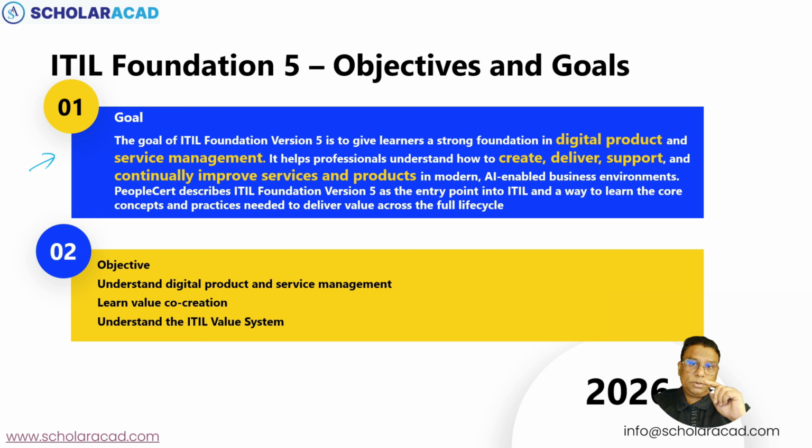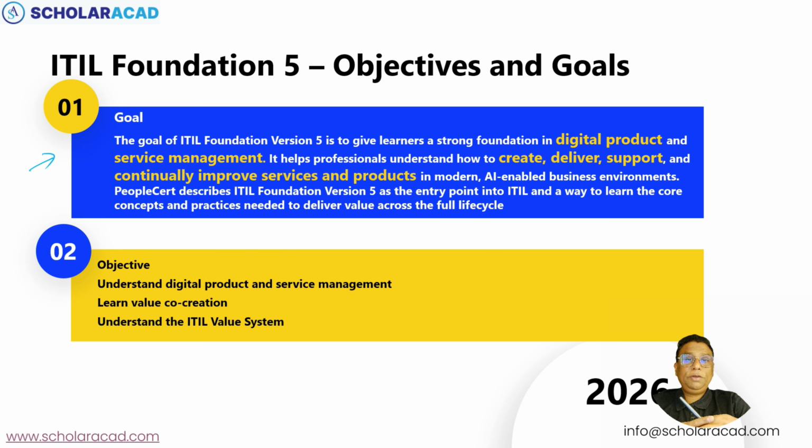This helps you to understand this digital product, how you are using and providing it, and creating a very strong foundation in service management. It helps the professional to understand how you can create, deliver, support, and improve your services and products.